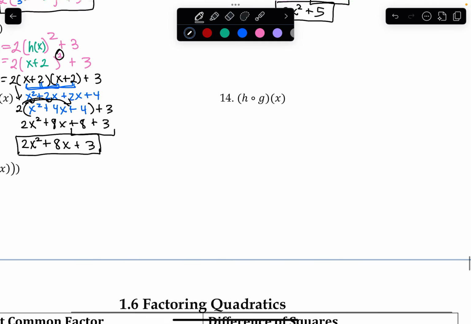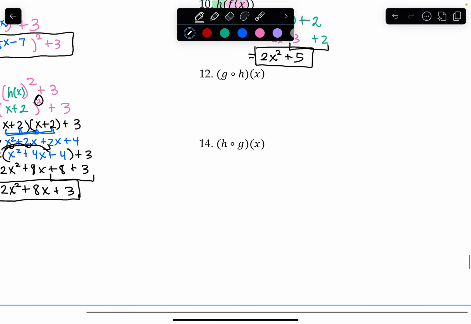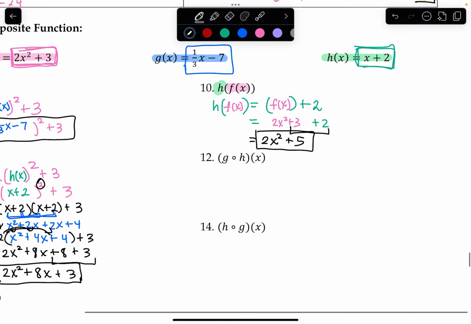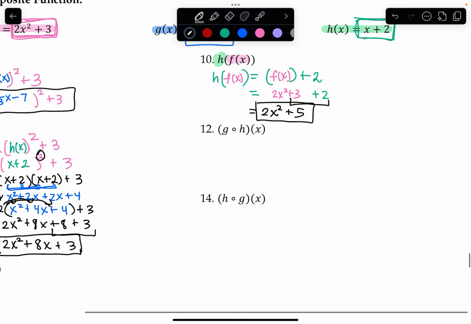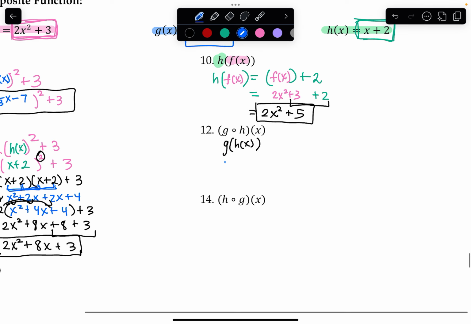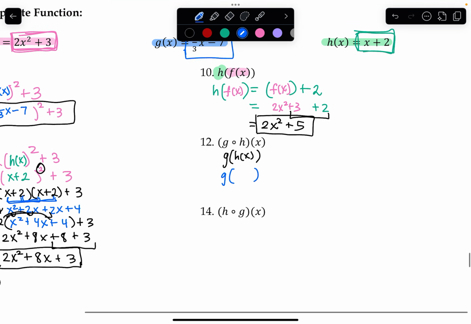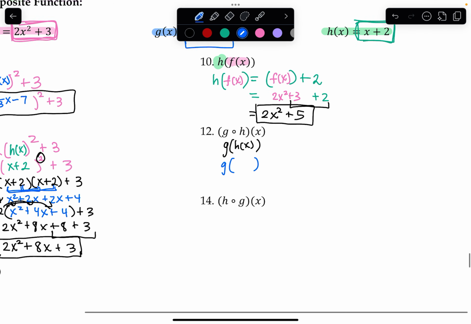All right, I'm running out of room, so let's do one more. Let's do maybe 12 and 14. So they're using that other notation, rewrite it using your parentheses in the same order. And so g is my outside function, h of x is my inside function.